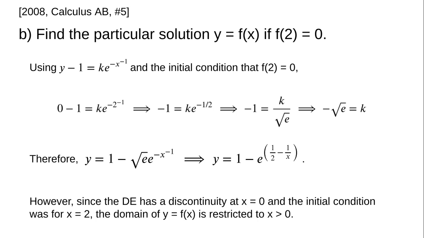Because there's a discontinuity at 0, we don't really know what happens on the other side of that, but we do know that for this particular solution, we did come up with it using a positive value of x. So we have to use the side of the domain that uses our initial condition. 2 is greater than 0, so we have to restrict our domain to greater than 0 in order to include that initial condition.